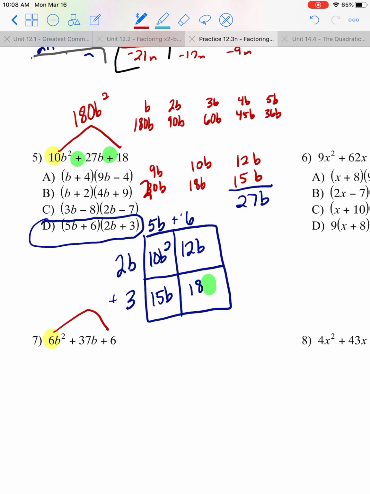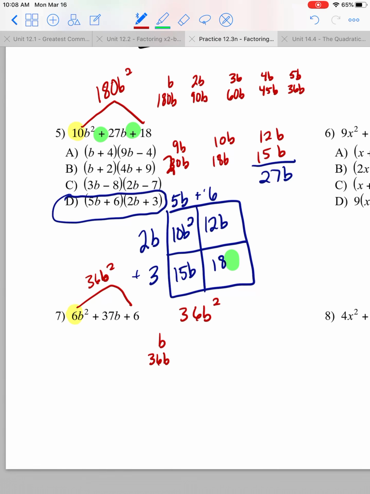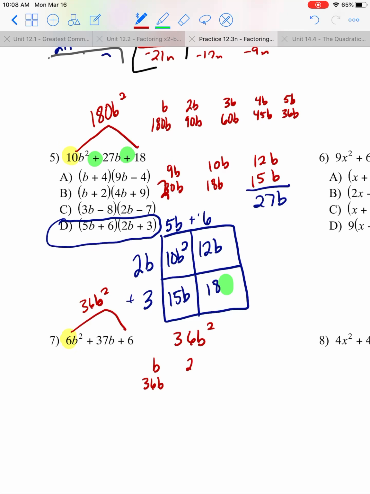So once again, I'm going to multiply these. That's going to give me 36b squared for number 7. So the factors of 36b squared are b and 36b, 2b and 18b, 3b and 12b, 4b and 9b, 6b and 6b.